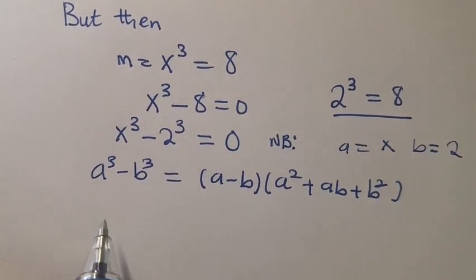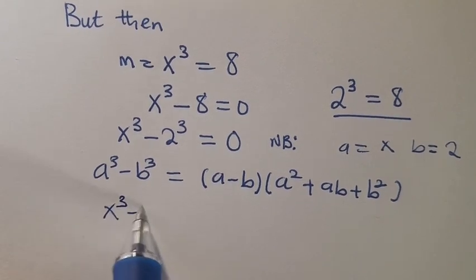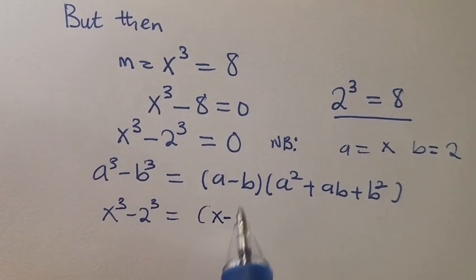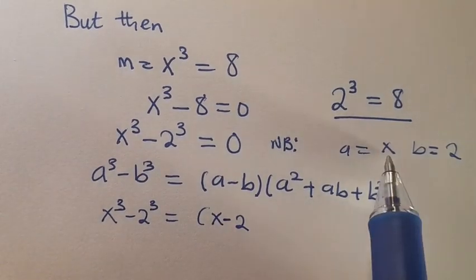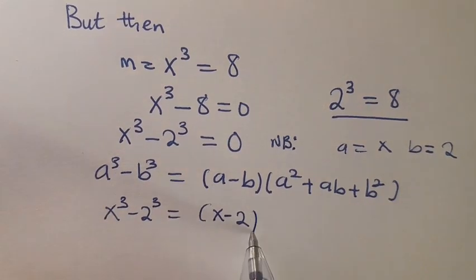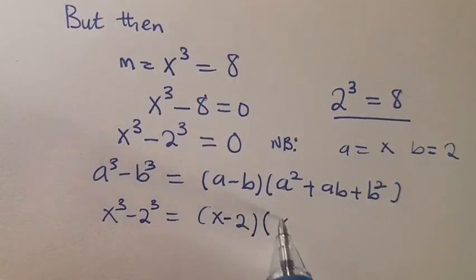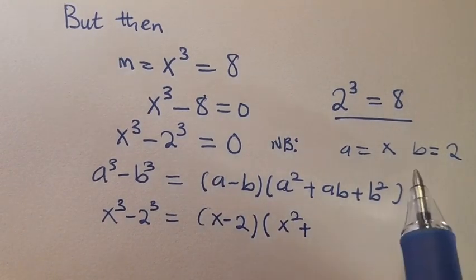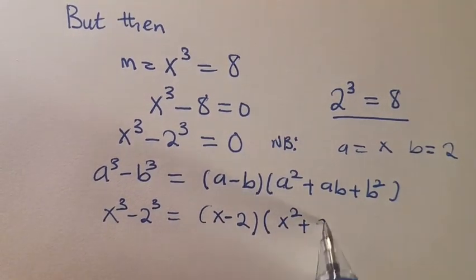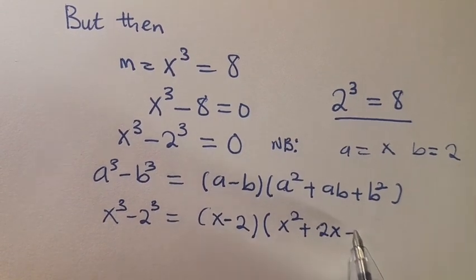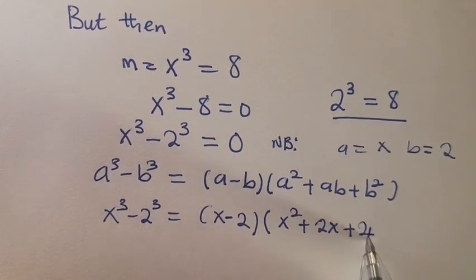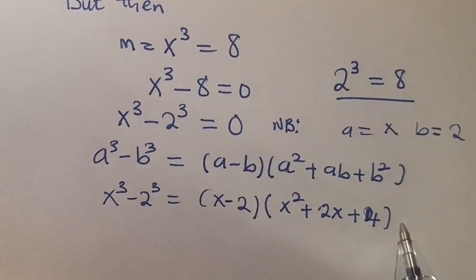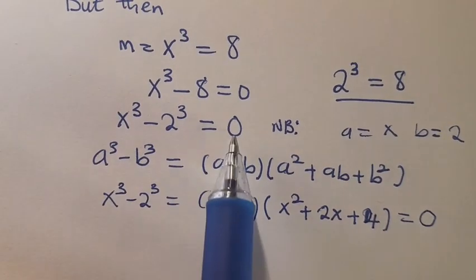So now from here we have x cubed minus 2 raised to power 3 to be equals x minus 2 and a equals x. Then we are going to have it here to be x squared plus our a is x, our b is 2, then we are going to have it to be 2x, then our b is 2, then we are going to have it to be 2 squared, which equals 4, and everything equals 0 from here.